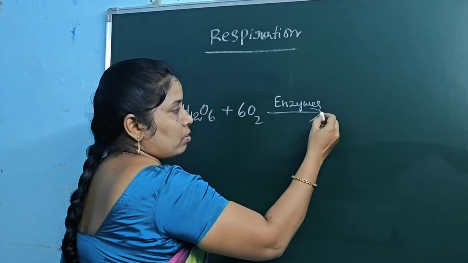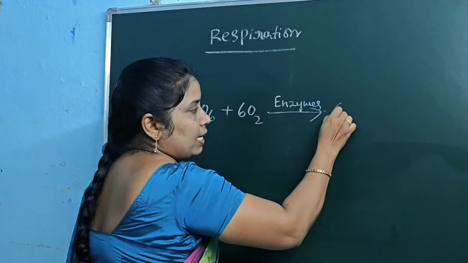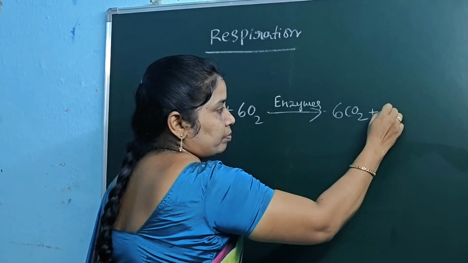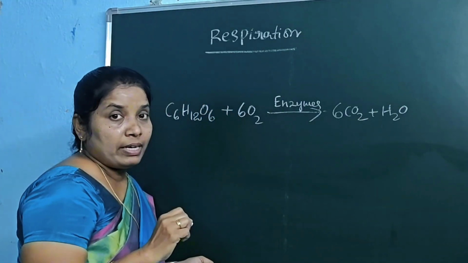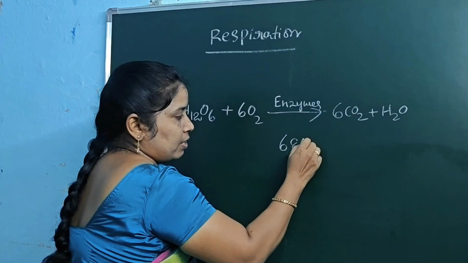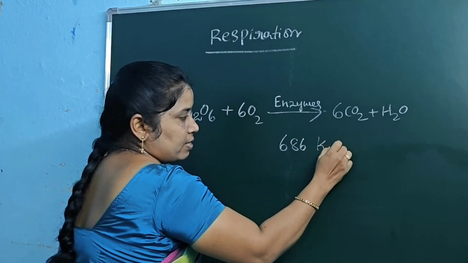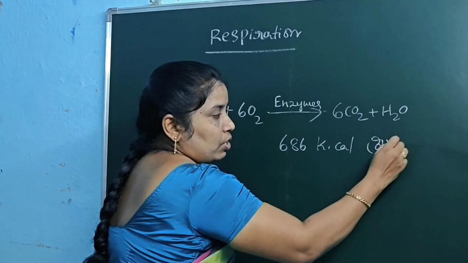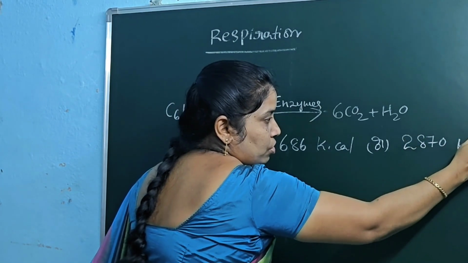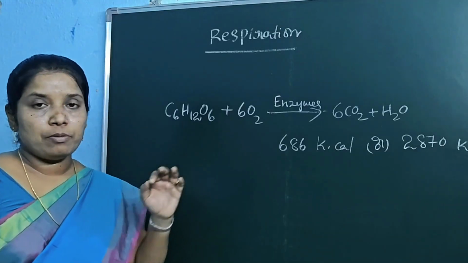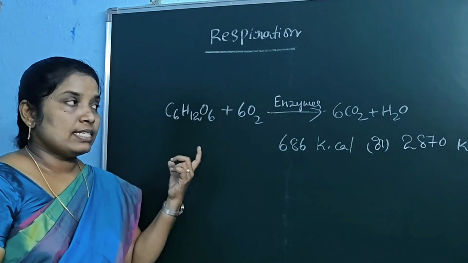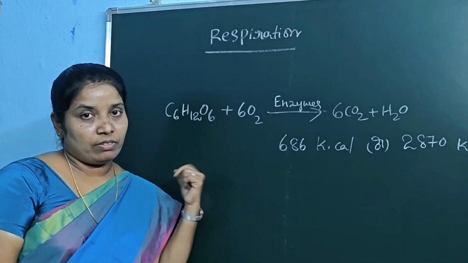They are converted into simpler inorganic compounds, and energy is released in this process: 686 kilocalories or 2870 kilojoules of energy for one molecule of glucose. So this is the aerobic respiration equation.